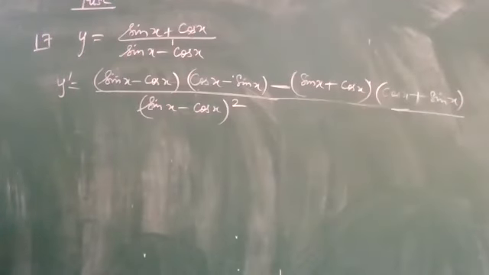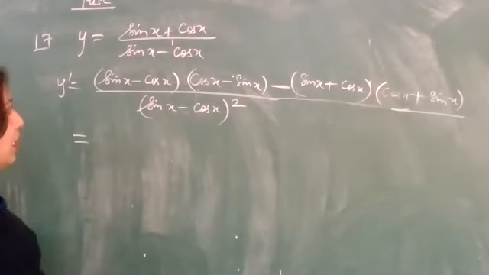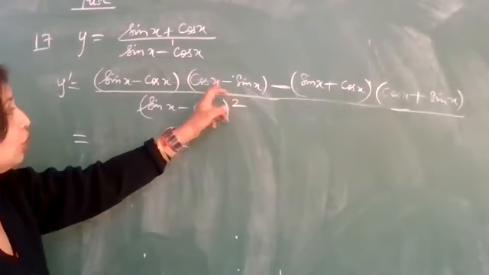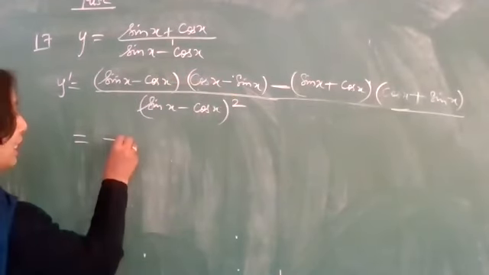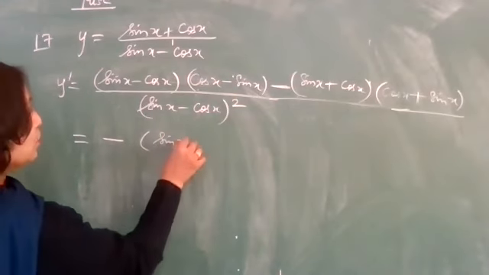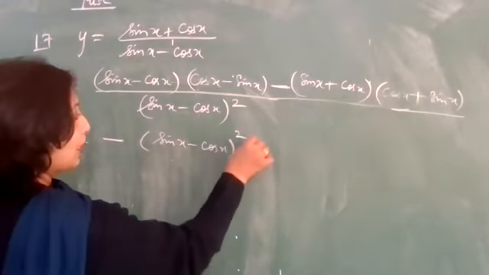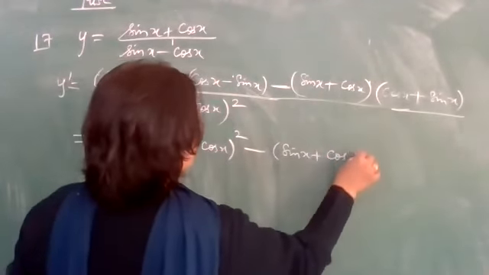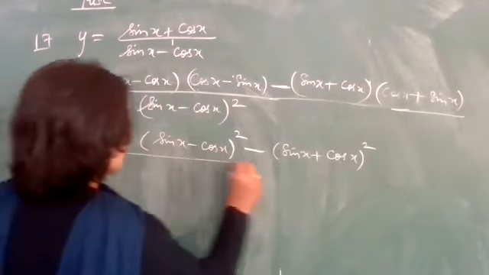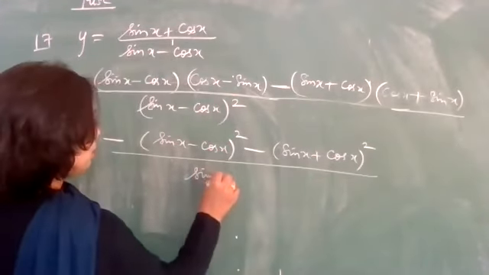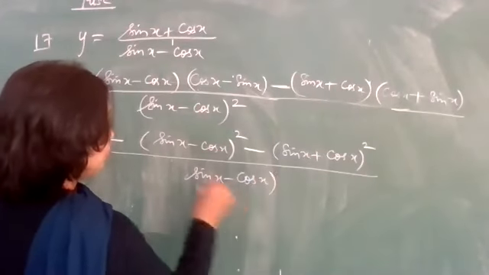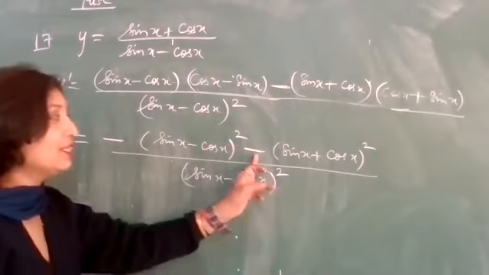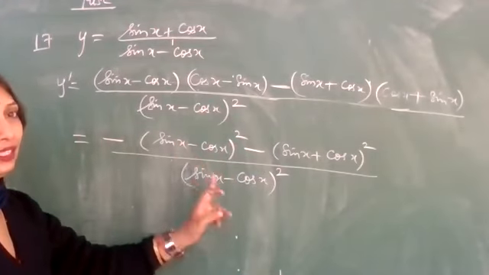Let's see what. Nothing is cancelling. But if we take a minus sign common from here, this becomes a whole square. Minus, and we get (sin x minus cos x) whole square, minus (sin x plus cos x) whole square. No, if we have a minus sign in between, you cannot cancel it like this.